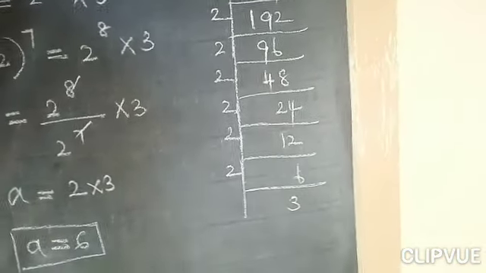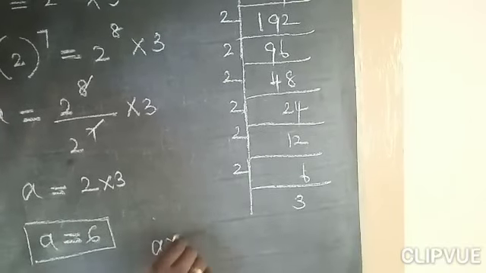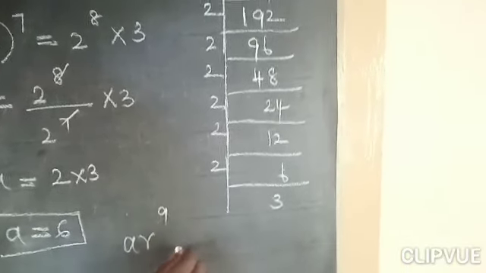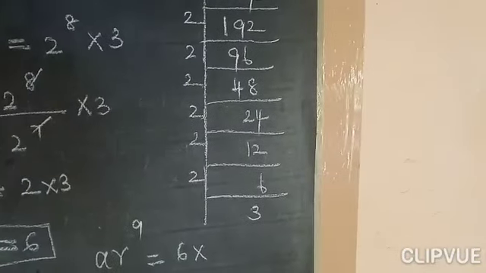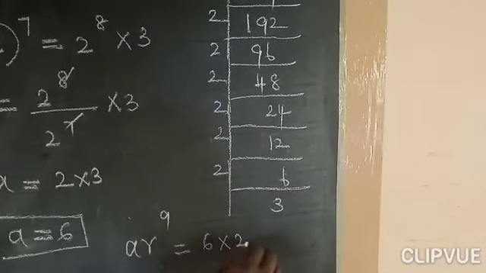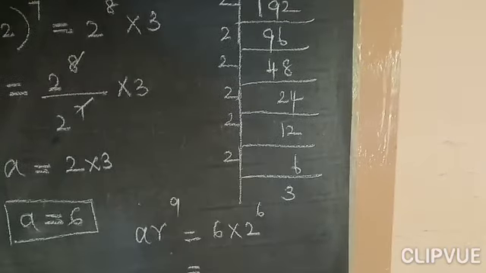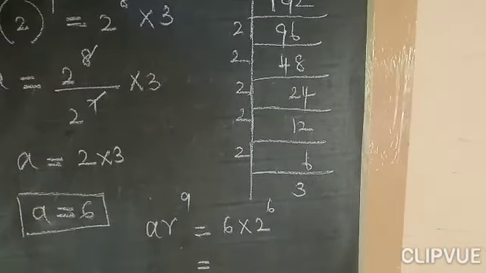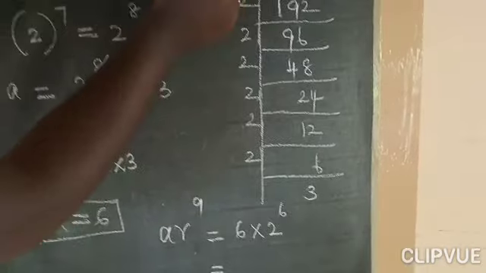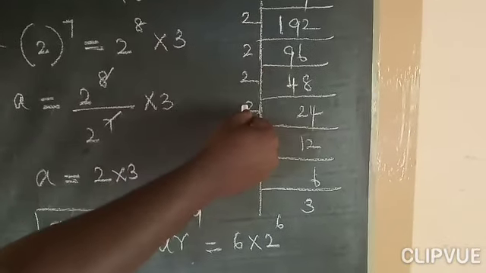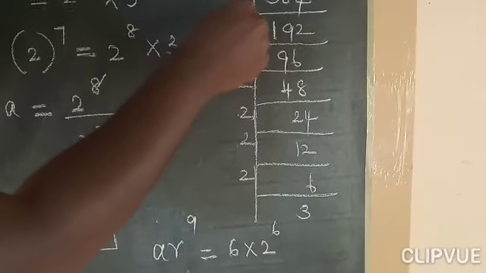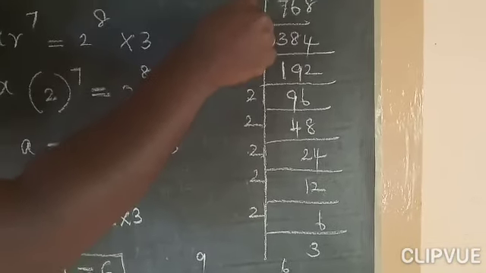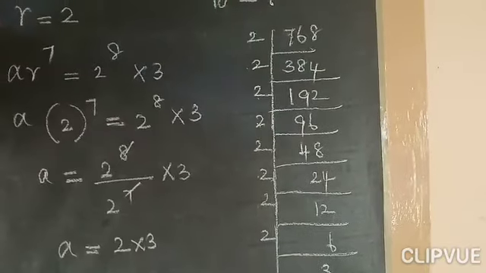Now we are going to find the 10th term, which means AR power 9. What is the value of A? That is 6 into R value 2, 2 power 9. Here 2 power 6, we know 1, 2, 3, 4, 5, 6: 2 into 2 is 4, 4 into 2 is 8, 8 into 2 is 16, 16 into 2 is 32, 32 into 2 is 64.